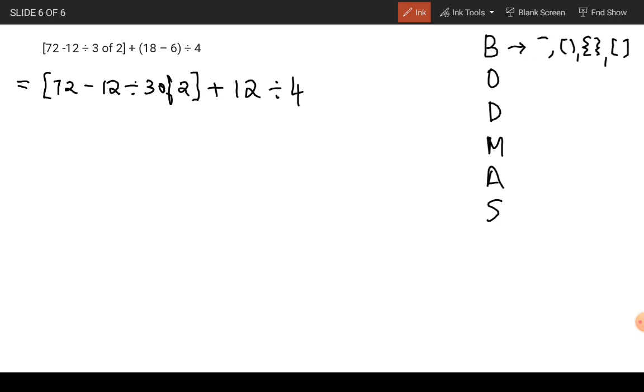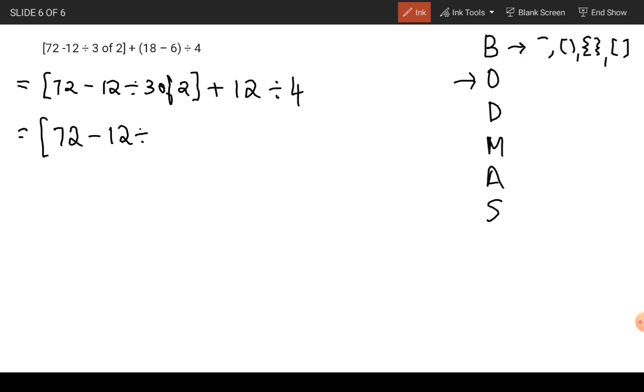So within the square bracket I first solve the of. Remember, it takes precedence over simple multiplication, division, addition and subtraction. So within the square bracket I write 72 minus 12 divided by 3 of 2 is the same as 3 into 2.